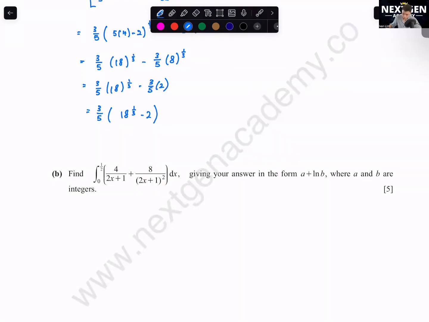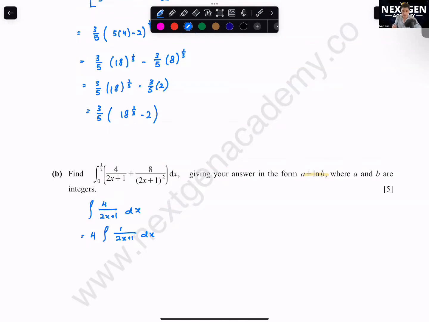Find this integral. Give your answer in the form a plus ln b, where a and b are integers. So we're going to integrate it right now. I separate it, integrate this and then integrate this. If I integrate this first part, I will get 4 times, if you cannot see, you write it like that first, the integral of 1 over 2x plus 1 dx.